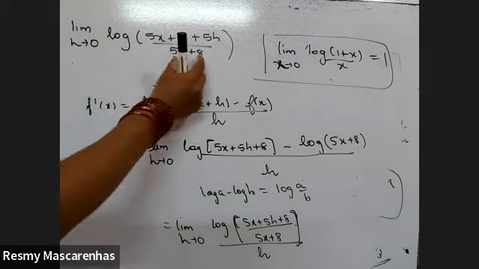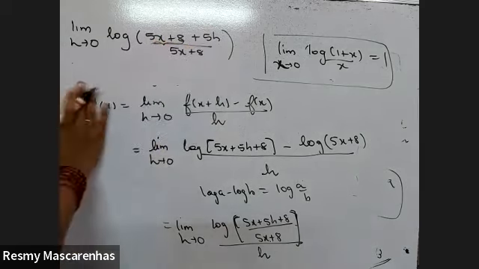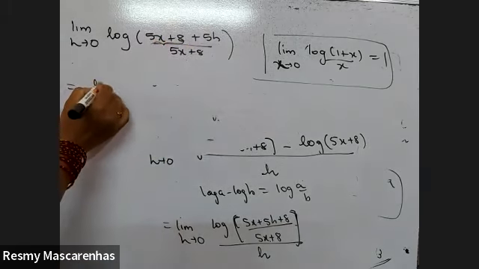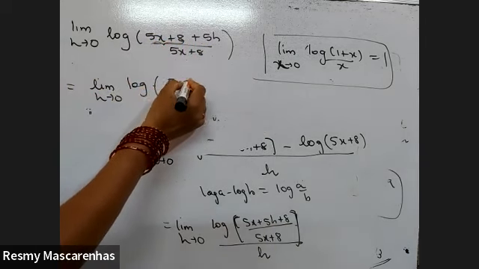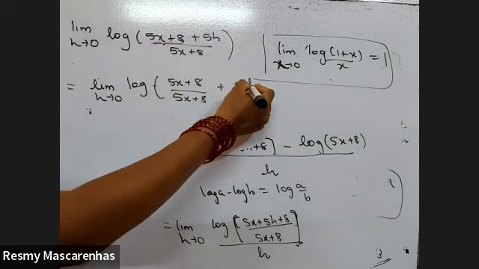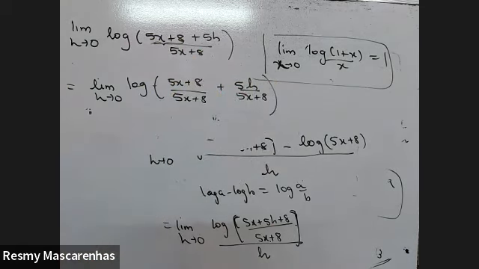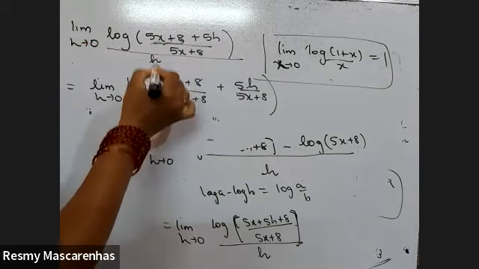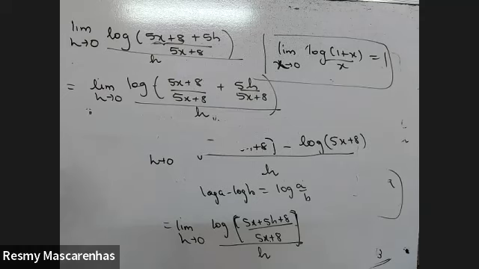Now what you do? Divide this whole thing by this and this also. Separate out 5x plus 8, upon 8 is there. This will cancel.